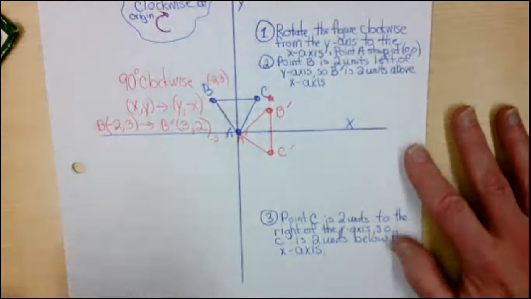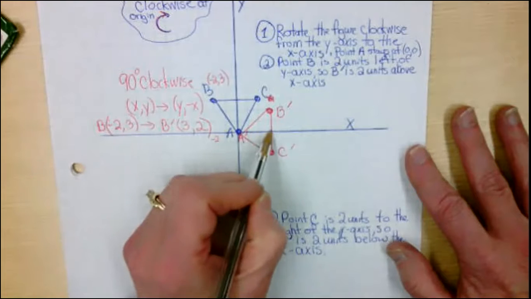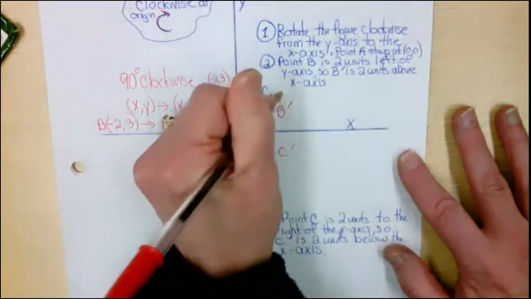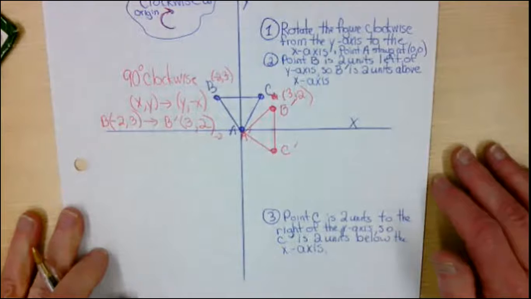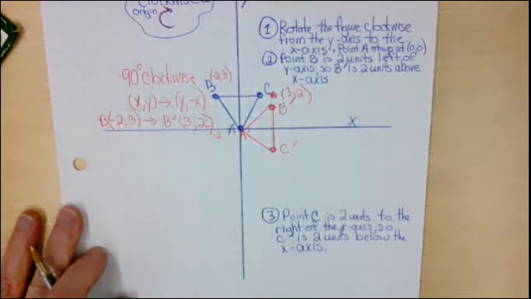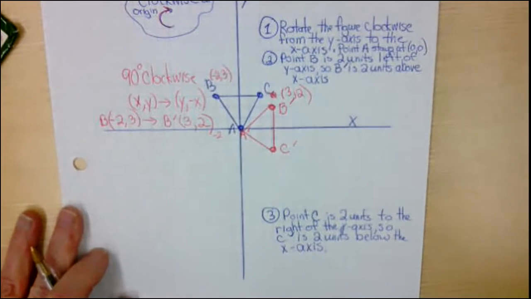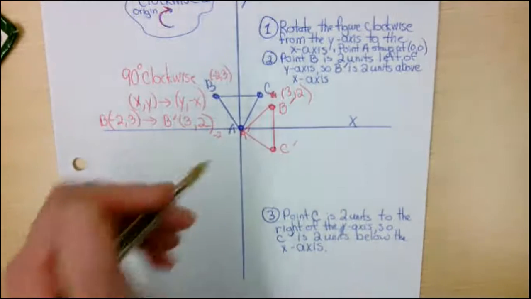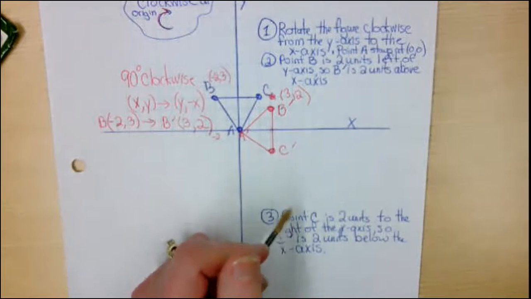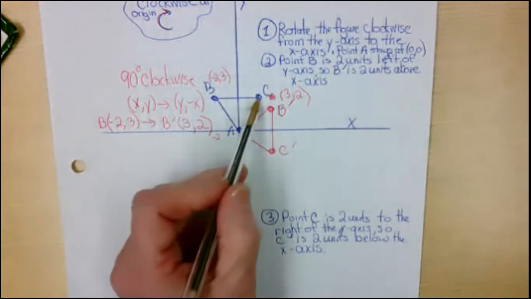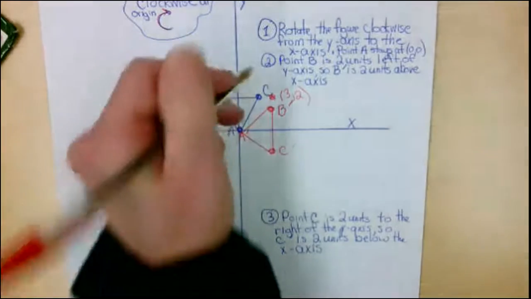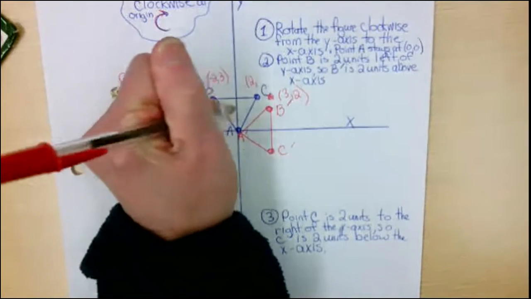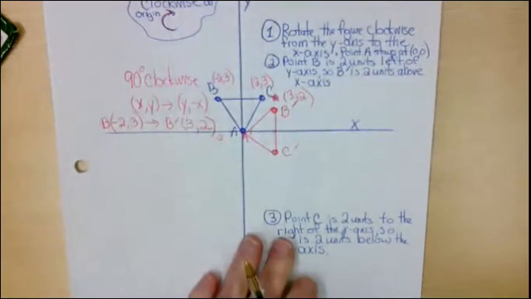So let's see if that worked out. Do we end up with 3 right and 2 up? We sure did. So that rule will always work. That's the best thing to do, is to memorize, and you know you won't be making mistakes. Let's just do C. A stayed the same, obviously, because 0, 0 switched to still 0, 0. C was positive 2 comma 3 up.